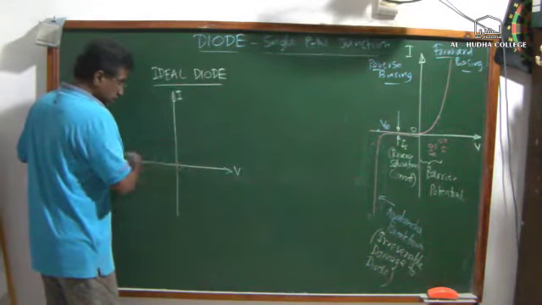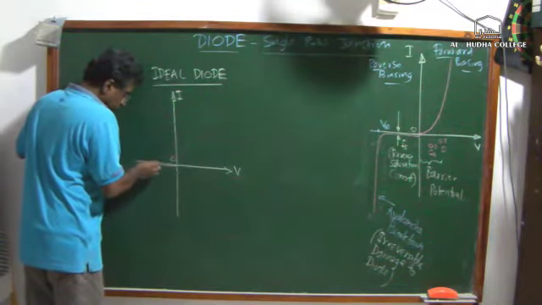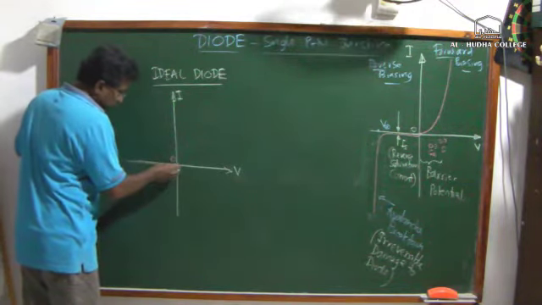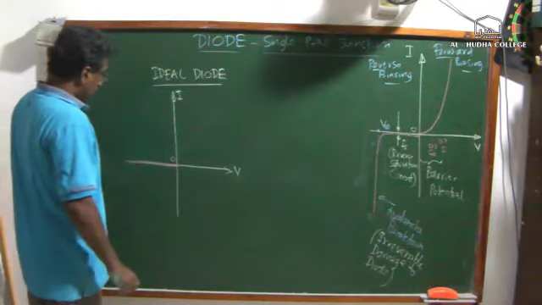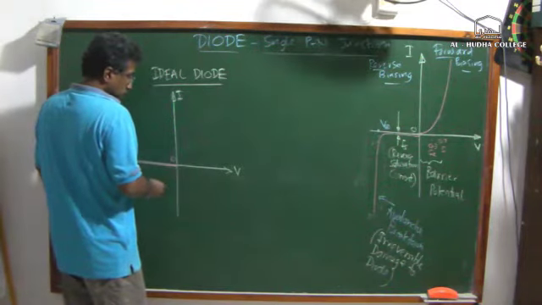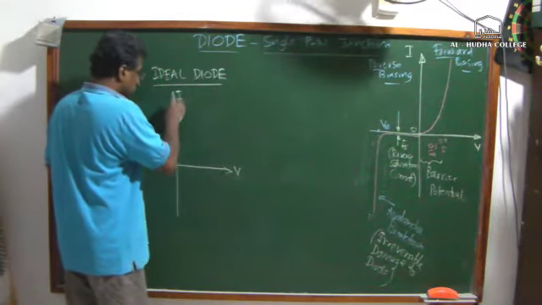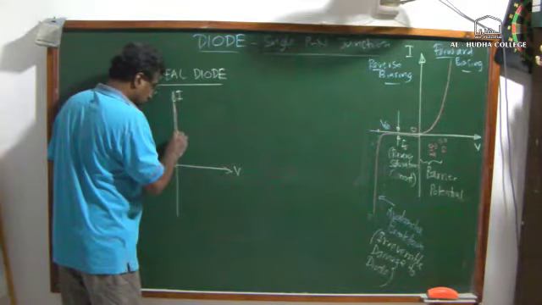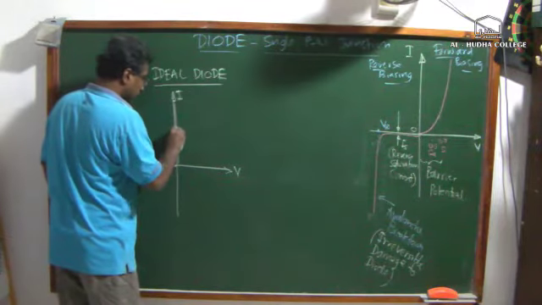For reverse bias conditions, no current will flow, right? Not even the reverse saturation current. And for the forward bias condition, there will be no slope. It will ideally be a vertical line parallel to the y-axis.